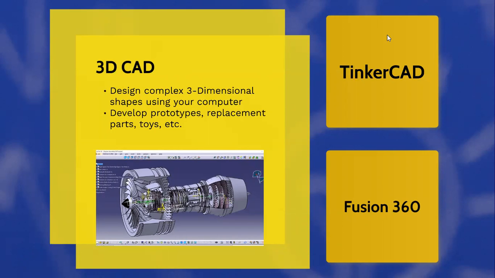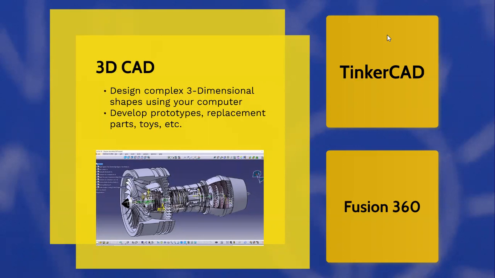This is very handy for developing prototypes, replacement parts, toys, and a variety of different other things. If you want a scale model of something, you can design it full size and shrink it in your CAD software, and suddenly you have a much smaller version of whatever you were working on.